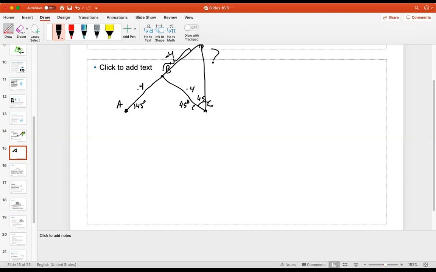And this length must be, well, that's a 45-45 right triangle, so this must be 0.4 times the square root of 2. Working that out, that gives me 0.566 meters. Just doing the trigonometry.